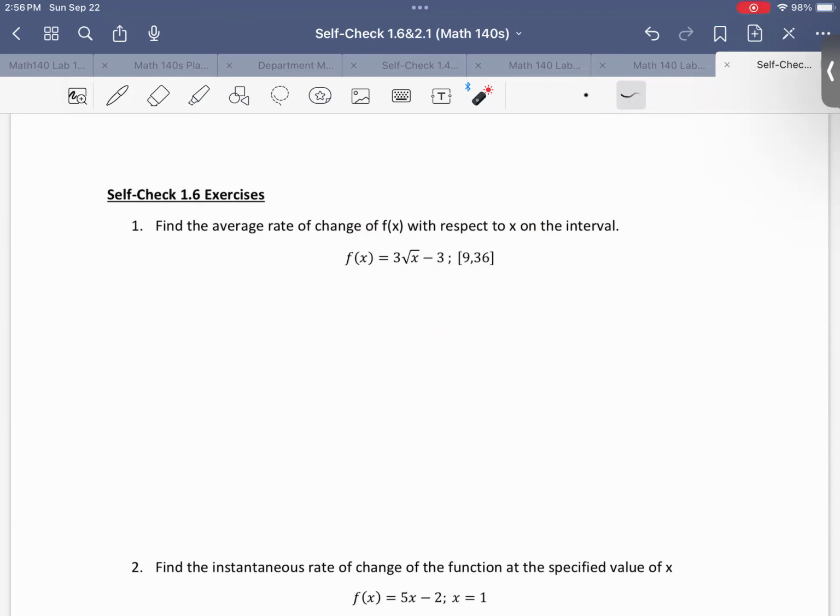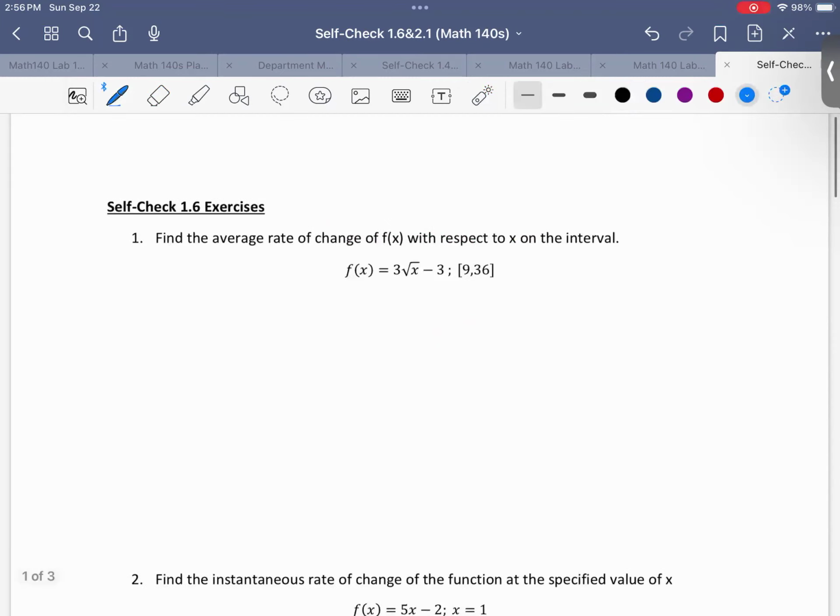Okay, so remember that average rate of change, we've talked about this in 1.3 briefly, is f of x2 minus f of x1 over x2 minus x1. That's really just like the slope, y2 minus y1 over x2 minus x1.